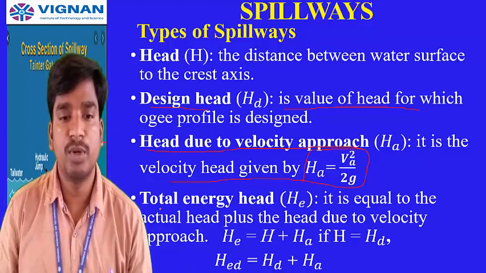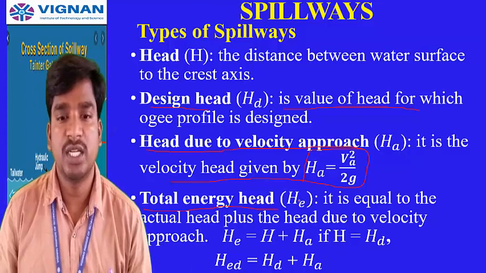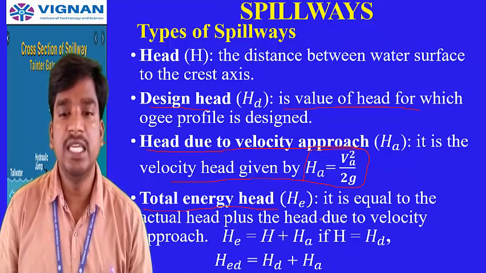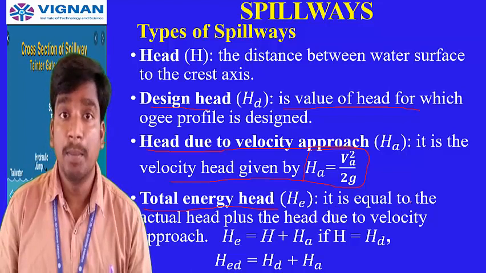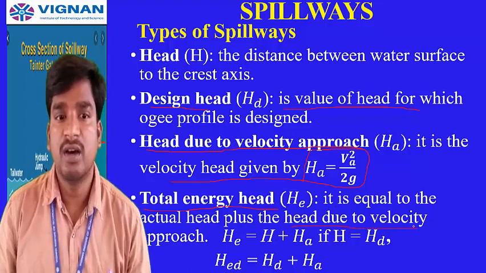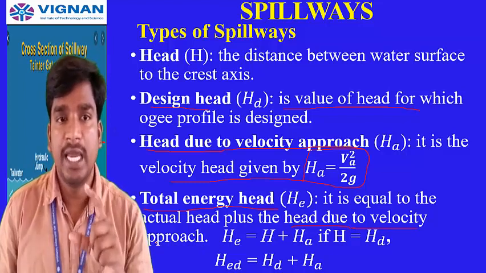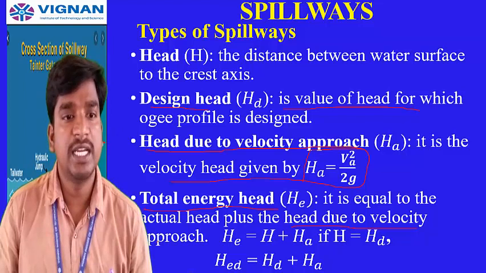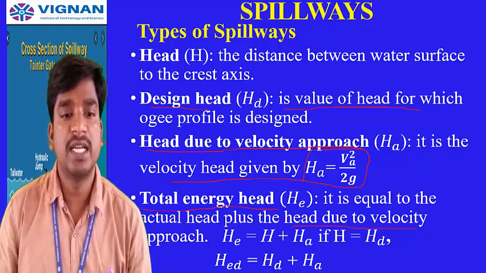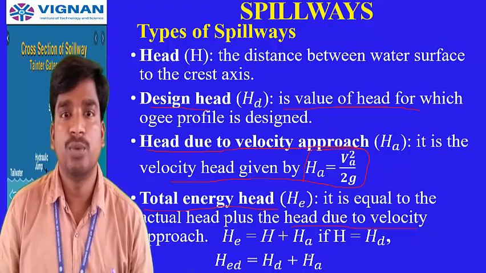Now coming to the next important one, total energy head. What is the meaning of total energy head? It is equal to the actual head plus the head due to velocity of approach. The total energy head He is the summation of this head H plus the approach velocity head Ha. So H plus Ha will give you the He value.